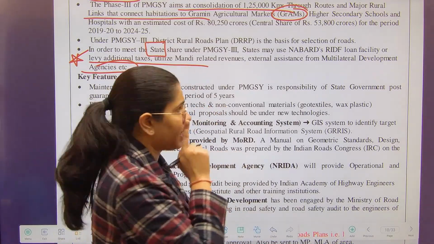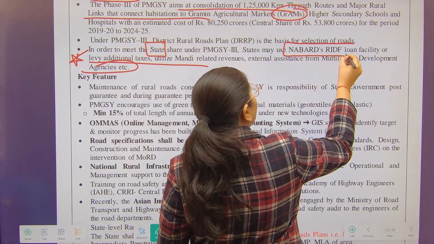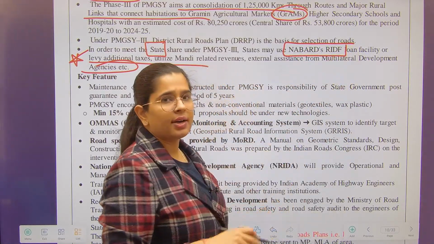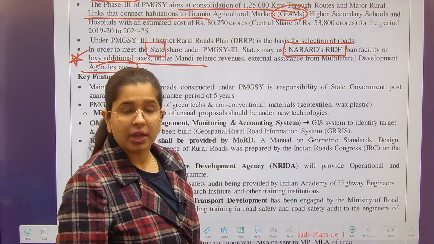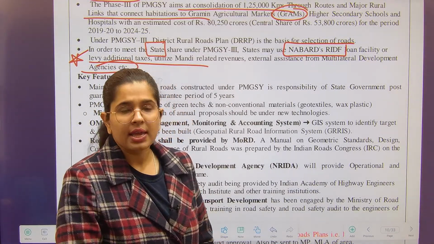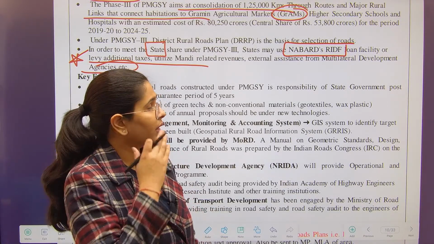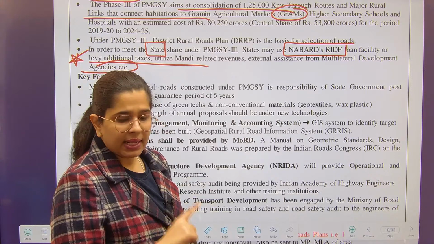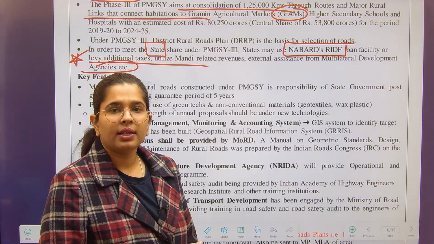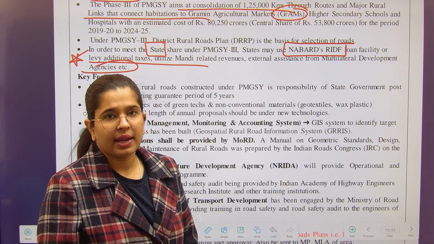Now, one more question I would like to ask you. What is this RIDF? This is a point related to your economy perspective, NABARD's Rural Infrastructure Development Fund, or the facility, you can call it. Please read about it. This is linked with your banks as well, right?